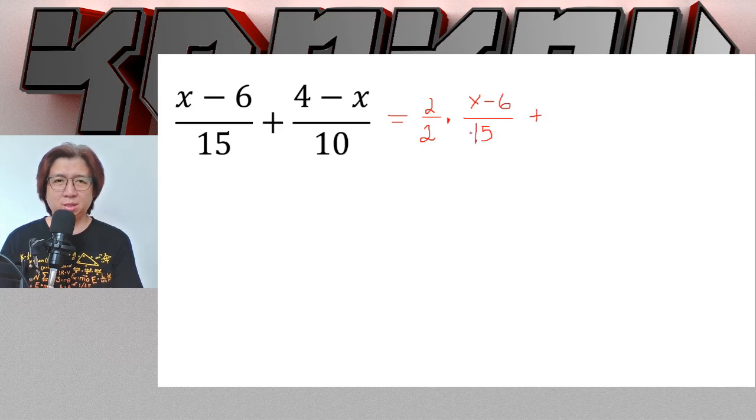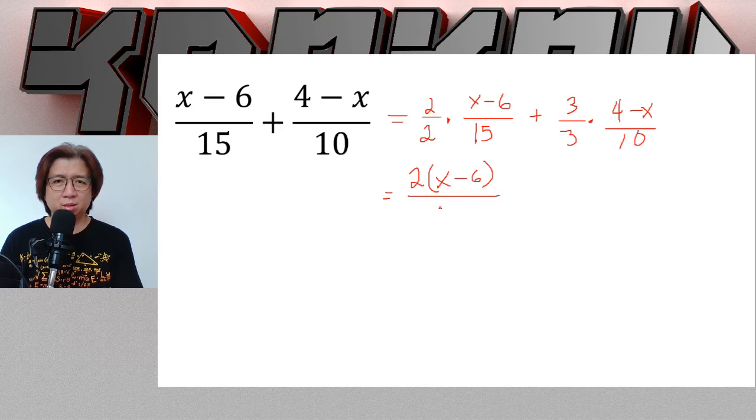To get the 30, 3 over 3 times 4 minus x all over 10. Okay, so we have 2 times quantity x minus 6 all over 30 plus 3 times 4 minus x all over 30.